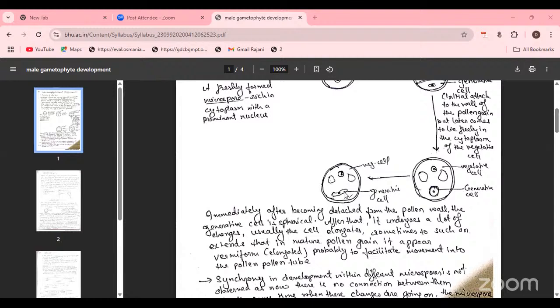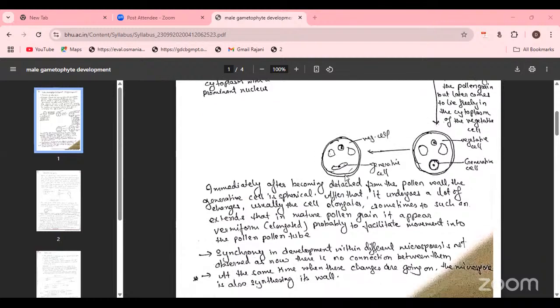After that, it becomes elongated in the mature pollen grain, probably to facilitate movement into the pollen tube. Synchrony in development within different microsporogenesis is not observed. There is no connection between them.